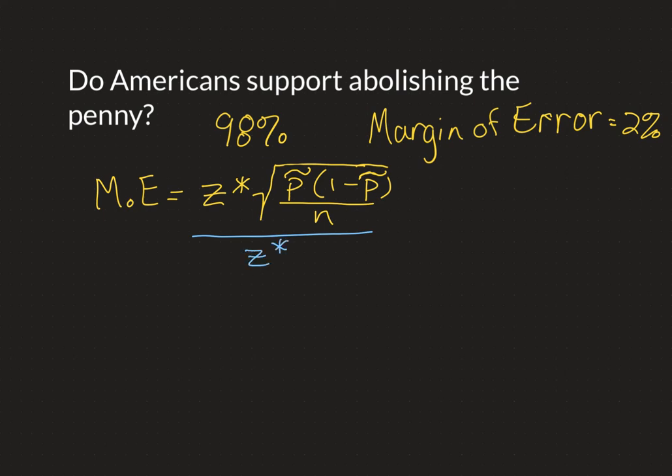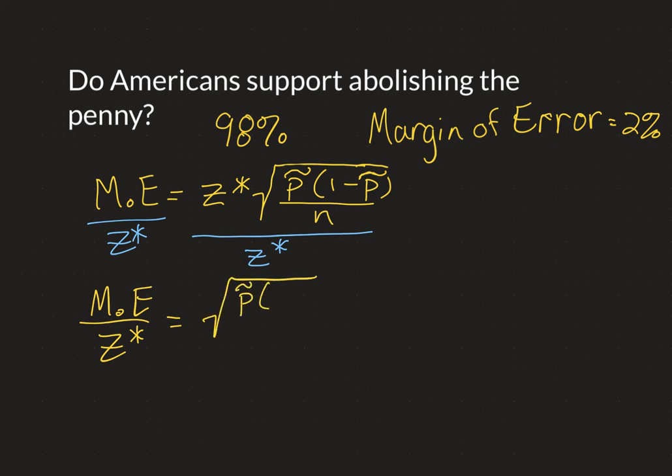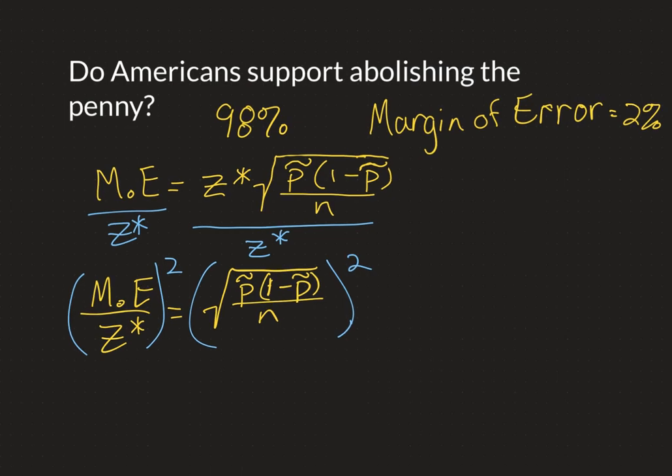Divide both sides by Z star. That gives us the margin of error divided by our Z star value. Okay, that equals the square root of our estimated population proportion times 1 minus our estimated population proportion divided by N. Still, N is stuck inside that square root sign, so I'm going to square both sides to get it out of there.